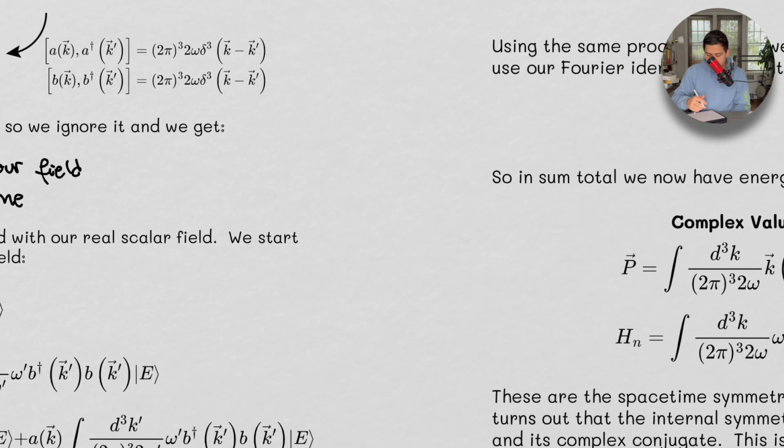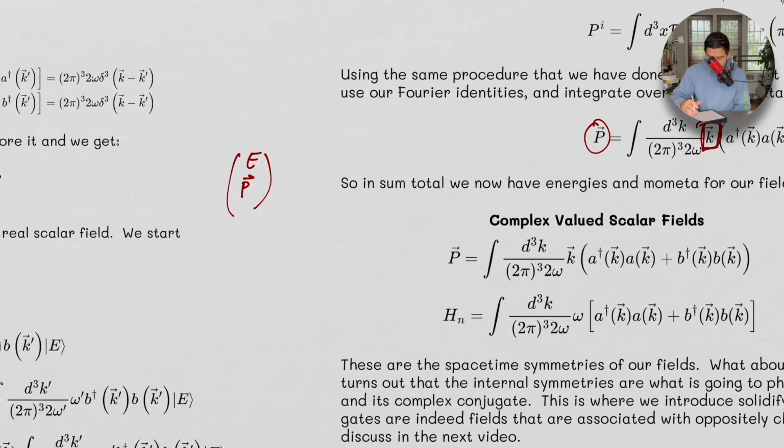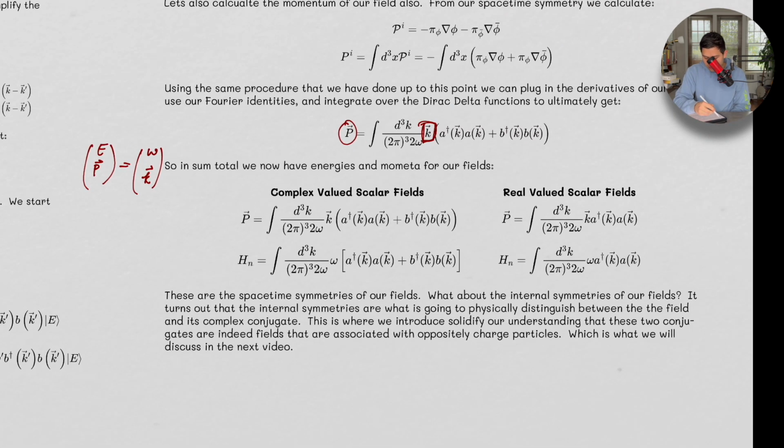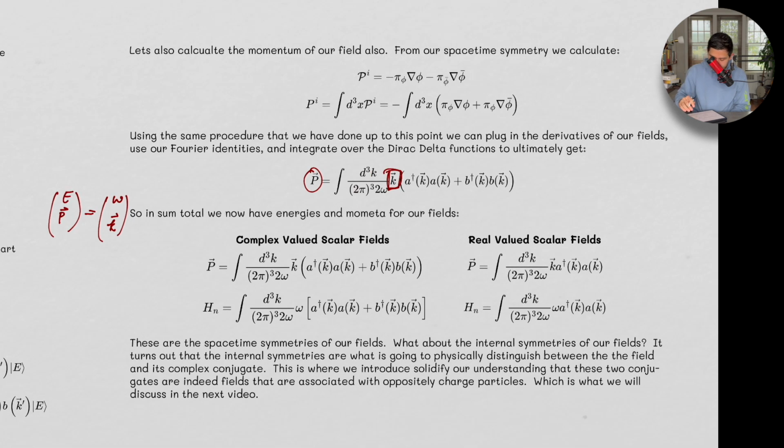When we looked at our momentum, we had our energy, and then we had our spatial momentum. That was our Fourier energy. Here we have the same thing: we have K and then omega. So there's a correspondence there, and we are looking at our spatial momentum now for our field inside some volume. The field itself has this collective momentum to it because we have particles in that field, and those particles have mass and so forth.